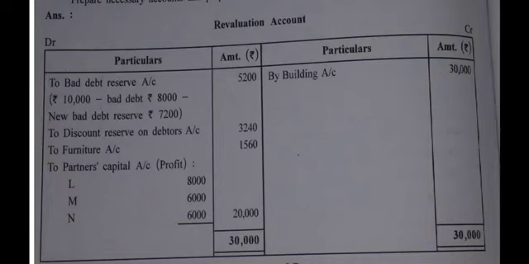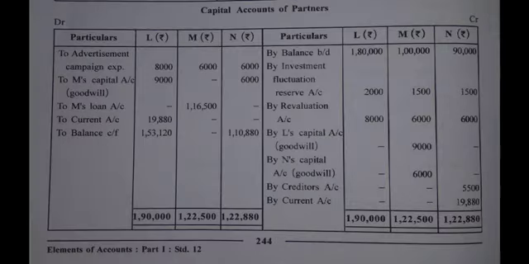We are supposed to prepare necessary accounts, of which first is revaluation account. Then it is, of course, partners' capital accounts. In your given balance sheet, there is no mention about the current balances of partners. I mean balances of current accounts of partners.